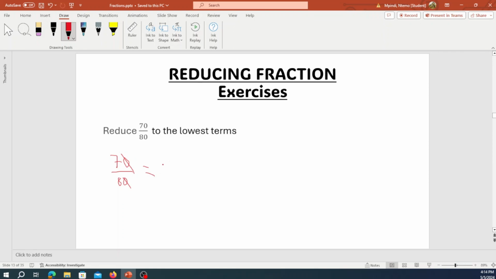We're gonna be left with 7 and 8. So that's the right answer. So this one's really easy. So we're gonna move on to the next one.